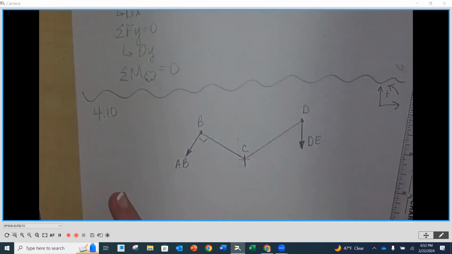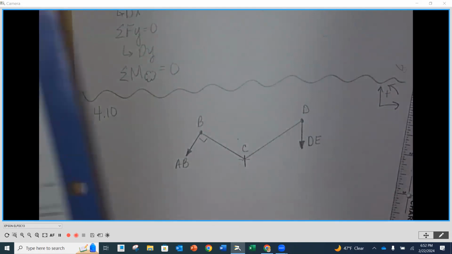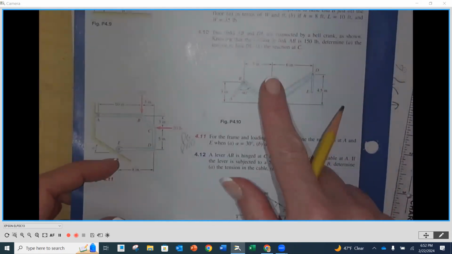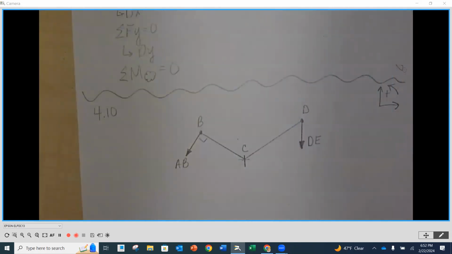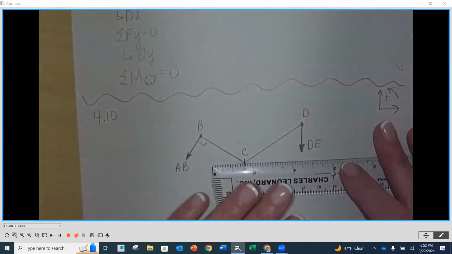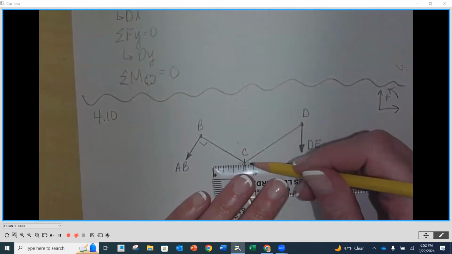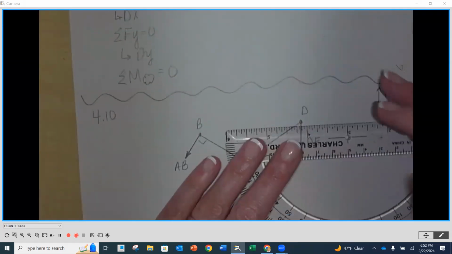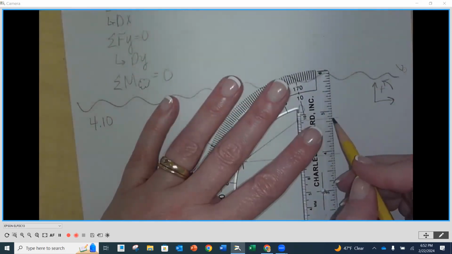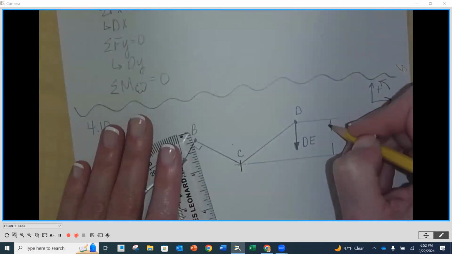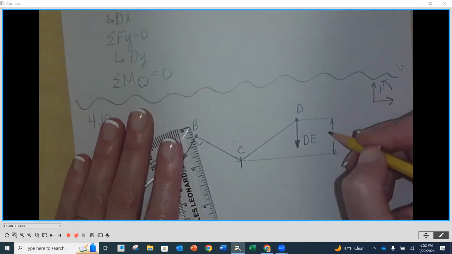Now we kind of have stuff in place. The next thing we want to do is add our distances. Going over, this is going to be 4.5 inches.